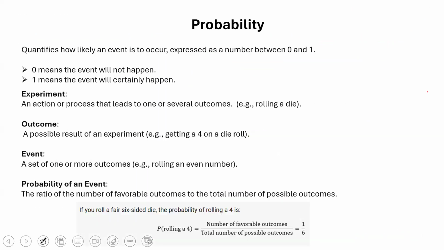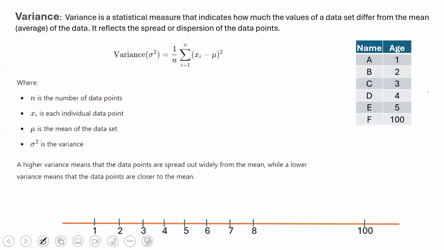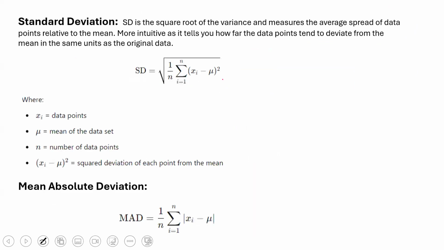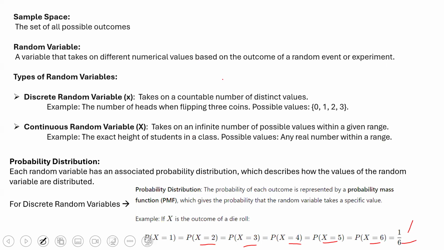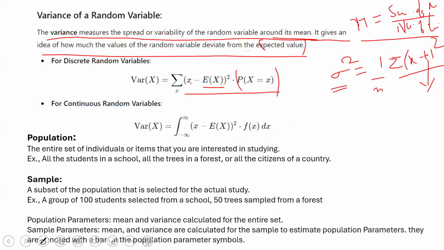We have seen all this already. This is the formula I'm talking about, and we already calculated the variance of this. The same variance applies here for random variables too, for both discrete and continuous random variables. What is the only thing that changes between discrete and continuous?